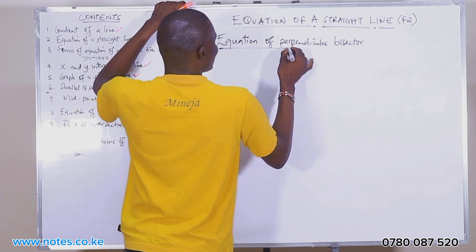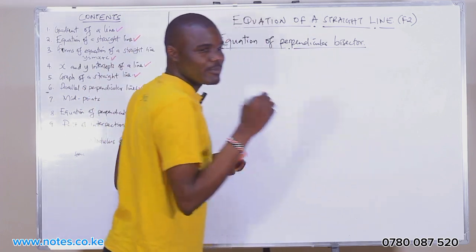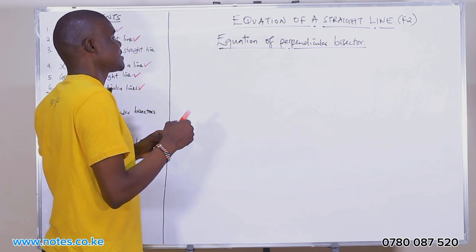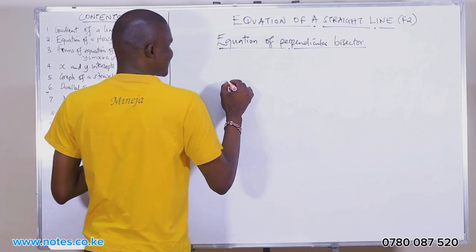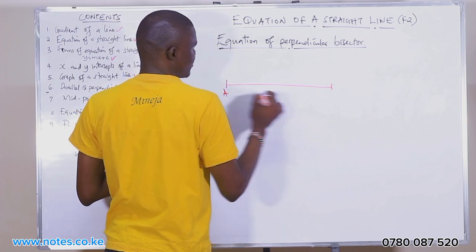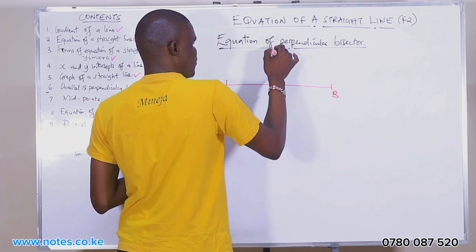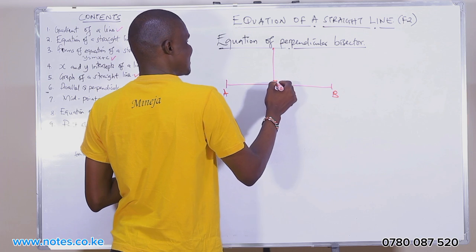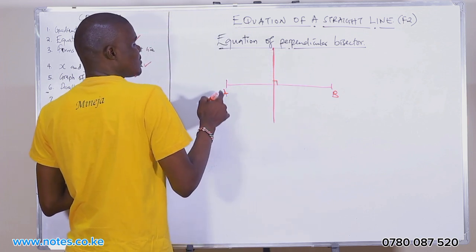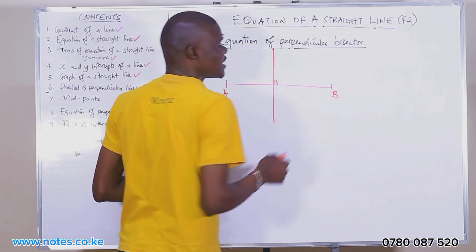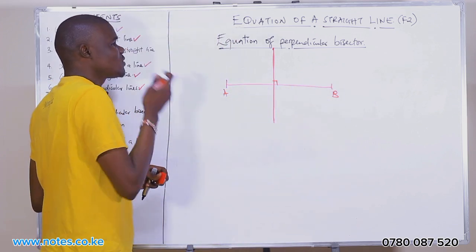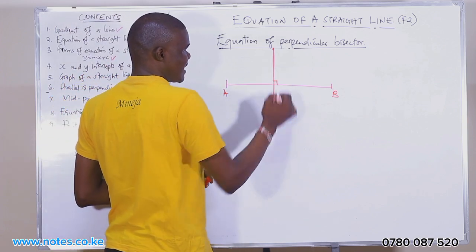Yeah, so the most important thing here is to understand what a perpendicular bisector means. A perpendicular bisector means a line that is cutting another line at 90 degrees. Please, that is very important to understand. This is what we call a perpendicular bisector. This line you see over here is a perpendicular bisector to this line because it cuts it at 90 degrees.